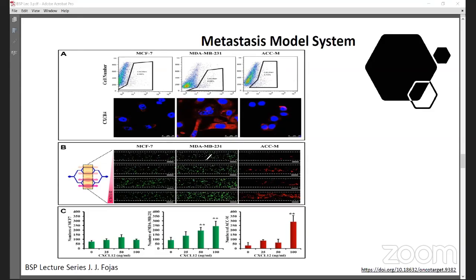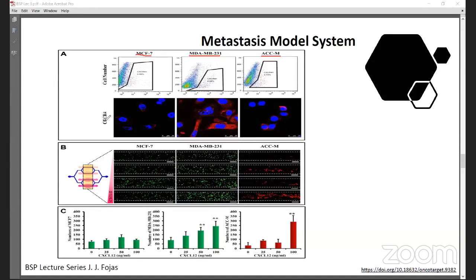So in this particular study, they did flow cytometry and immunofluorescence staining with an anti-CXCR4 antibody, indicated by the image on the top, MCF7, and then you have the MDA-MB-231 and ACCM cells expressing CXCR4. So this allowed them to determine the CXCL12-induced metastasis of these 3 using the microfluidic model.